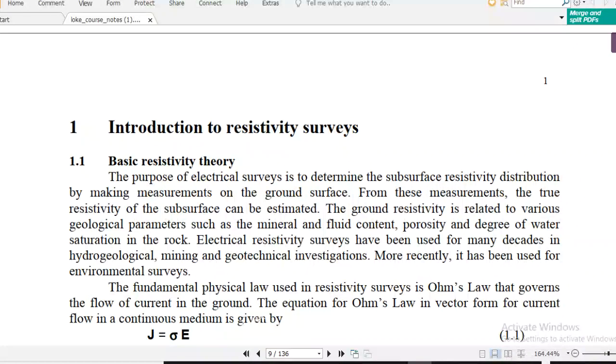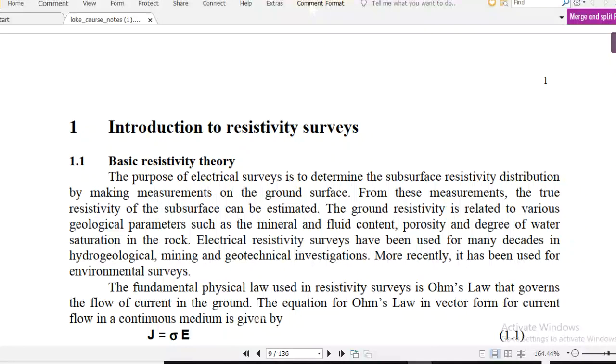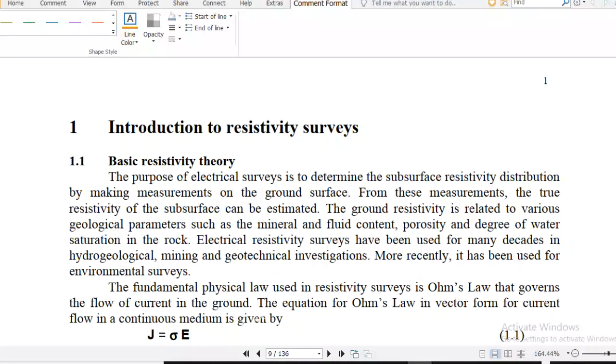We have apparent resistivity and true resistivity. The objective of geophysical investigation is not to determine the apparent resistivity, but to determine the true resistivity.